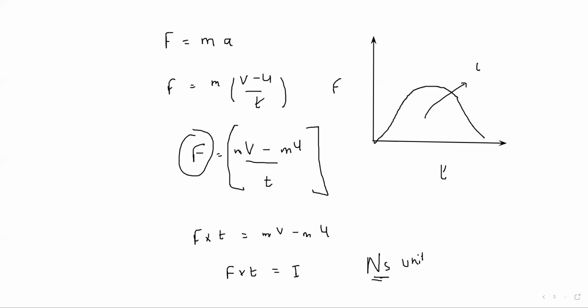On the y-axis we have force, on the x-axis we have time, so force multiplied by time. So the area under the graph of force and time will give us impulse, or change in momentum. To find the area of a non-linear graph, we divide it into equal parts, horizontal and vertical, and find the area of each. So it will be approximate, not an exact answer.